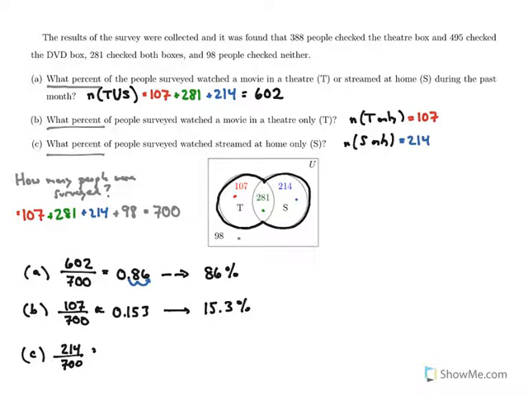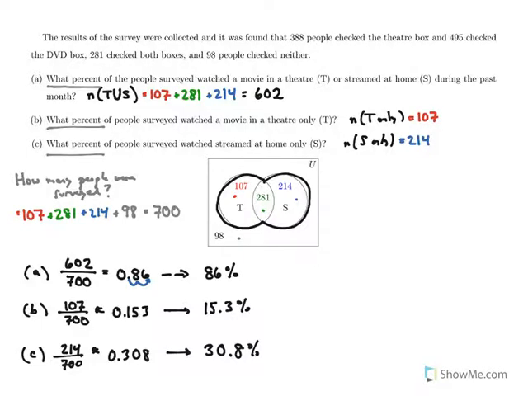And finally, 214 divided by 700 will give us about 0.308, which will give us about 30.8%. So it's not enough just to say the numbers. You have to give the percentage by dividing by the total number of people.